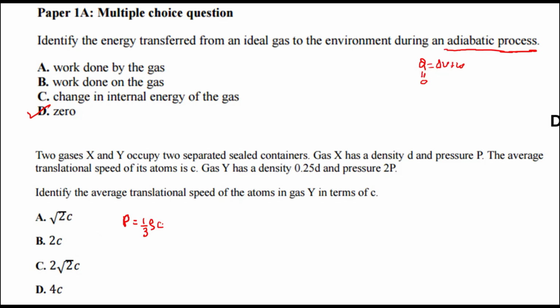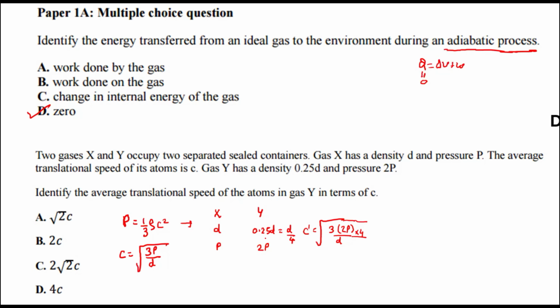So if the average translational speed is C in the first case, for the new case of Y, the new translational speed is nothing but the square root of 3 times the pressure, which is changing to 2P, and the density is becoming 1/4, which means D by 4, where 4 will go on the top.